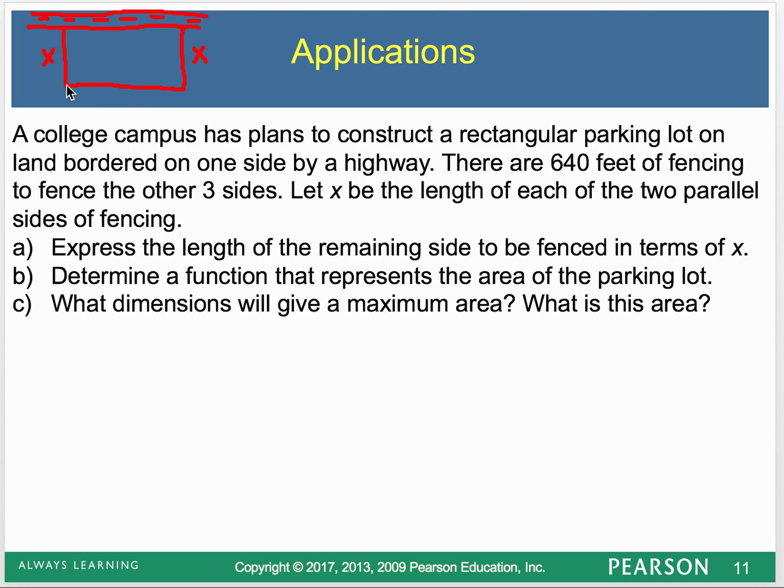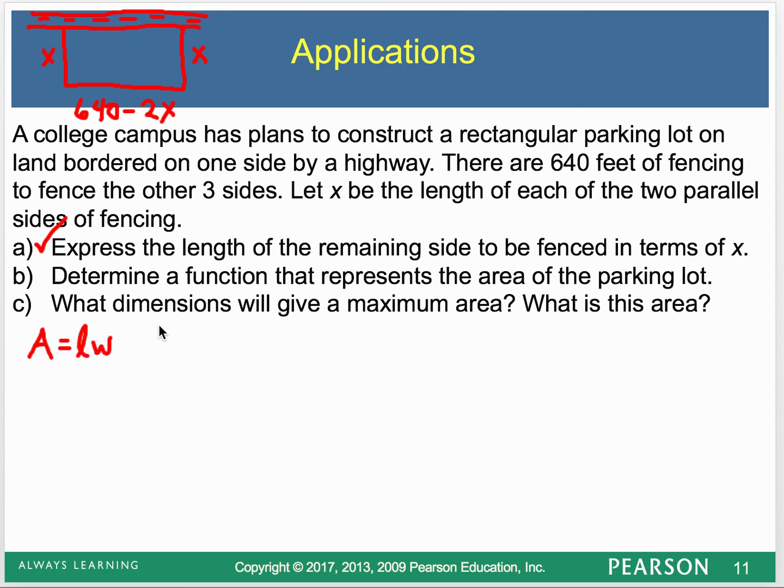So if this is 640 feet total, then this is 640 minus 2x, right? Whatever this length and this length are comes off of the 640. So that's A. Determine a function that represents the area of the parking lot. Well, area is just length times width.